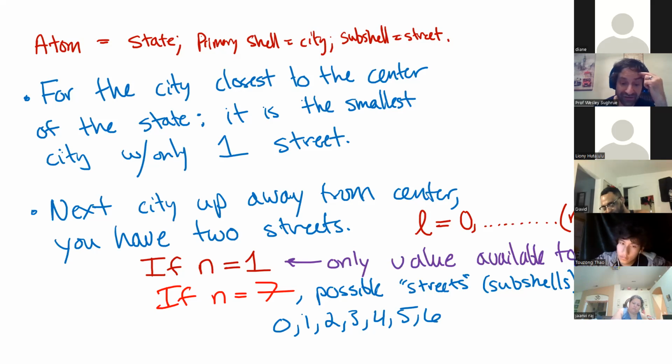So your electron could live on 7 different possible streets for the city known as 7.